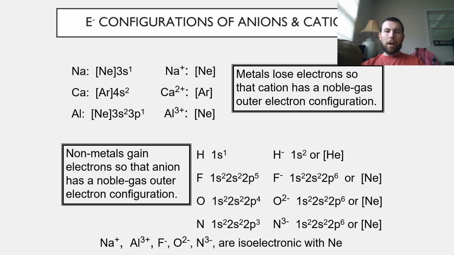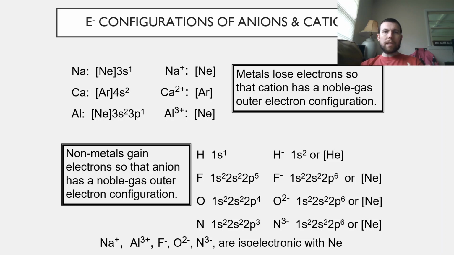Now, to our bottom note here, notice that sodium ion, aluminum ion, fluoride, oxide, and nitride all have the same exact electron configuration.